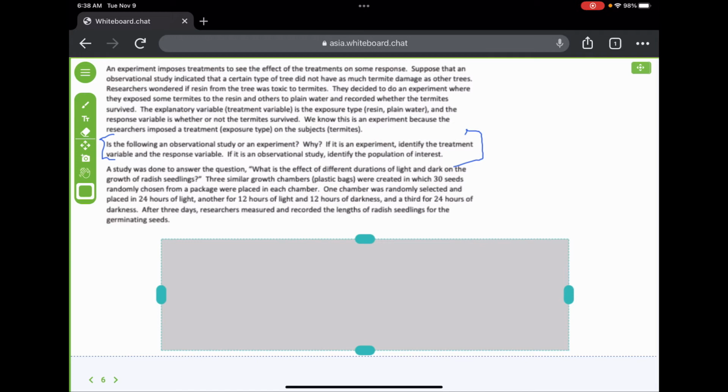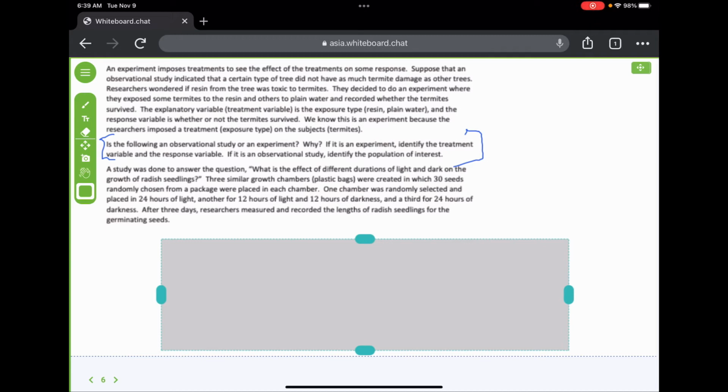It says a study was done to answer the question, what is the effect of different durations of light and dark on the growth of radish seedlings? 3 similar growth chambers, plastic bags, were created in which 30 seeds randomly chosen from a package were placed in each chamber. One chamber was randomly selected and placed in 24 hours of light and another for 12 hours of light and 12 hours of darkness, and a third for 24 hours of darkness. After 3 days, researchers measured and recorded the lengths of radish seedlings for the germinated seeds.